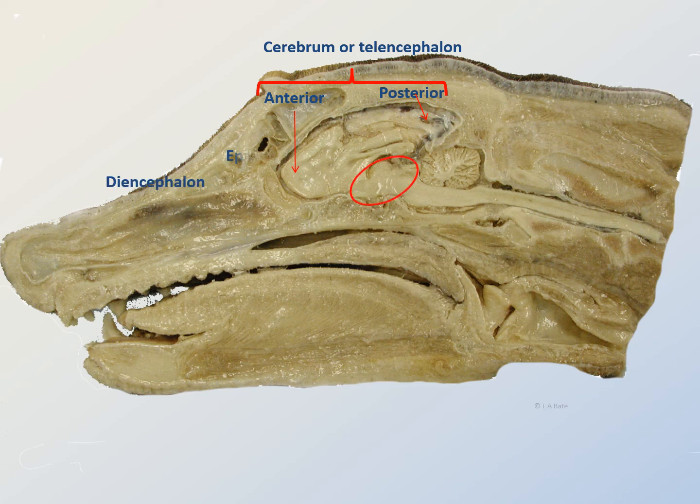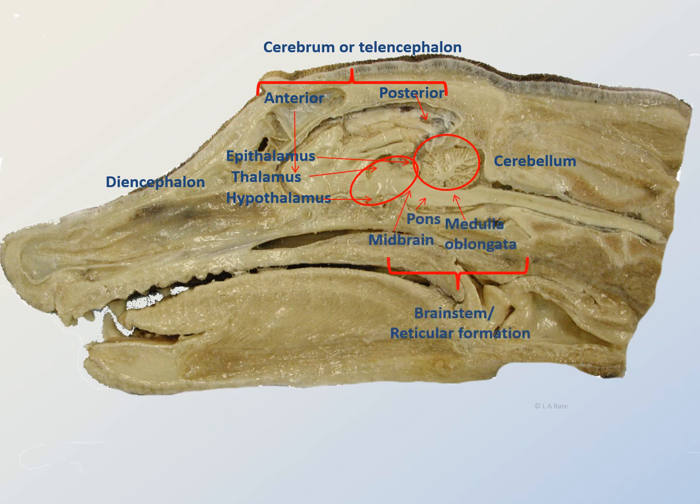The diencephalon is located ventral to the cerebrum, and it is composed of the epithalamus, the thalamus, and the hypothalamus. Caudal to the diencephalon and ventral to the cerebrum, we find the cerebellum. Then the brain stem, which is made of the midbrain, the pons, and the medulla, connects the rest of the brain to the spinal cord.